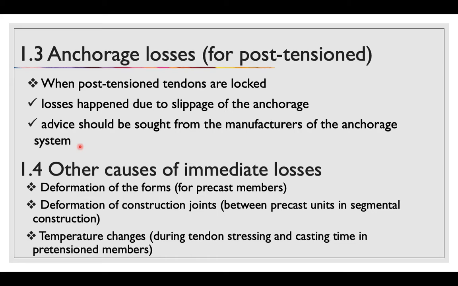Usually in a post-tension structure, we are going to use different types of anchorages, so there are a few guidelines or specifications that we need to know before we use those types of anchorages. When we talk about anchorages, the losses are due to the slippage of the anchorage.